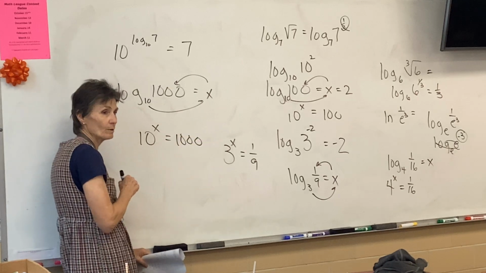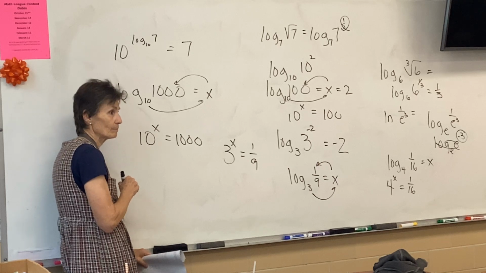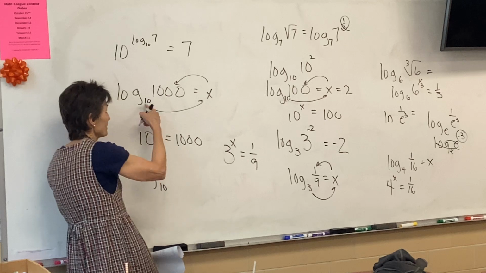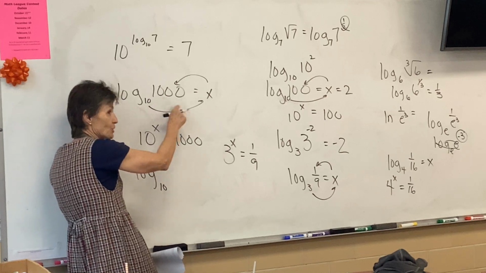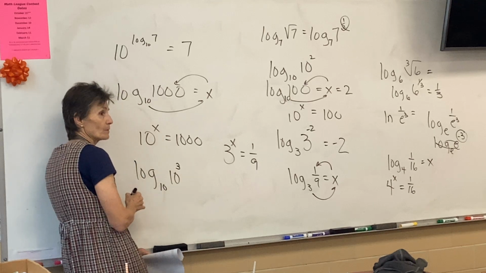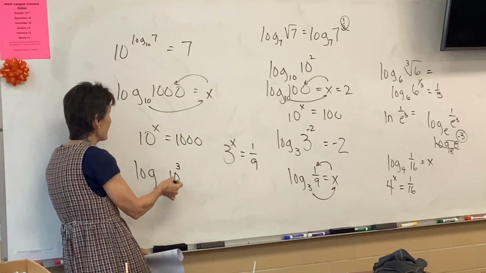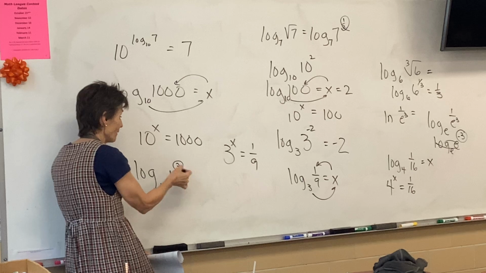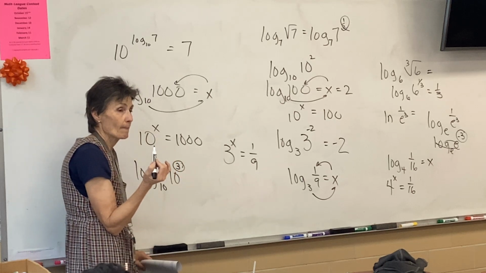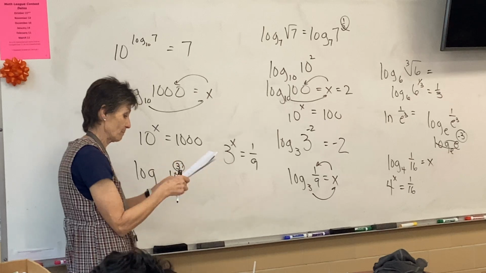And we know that power is 3. You could also go back to the original problem, you just told me 1,000 is 10 cubed. So if I take the log base 10 of 10 cubed, I'm obviously going to get 3 as my answer.